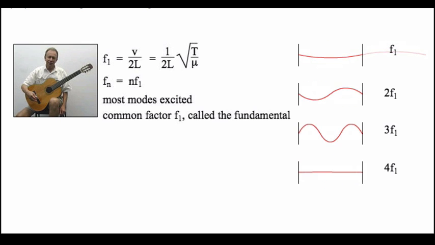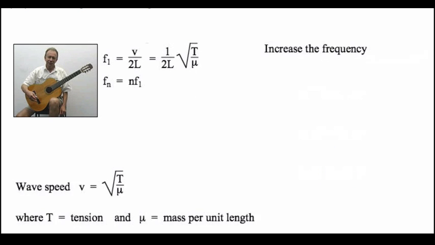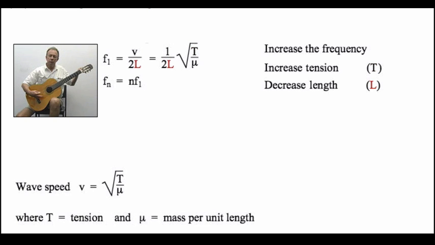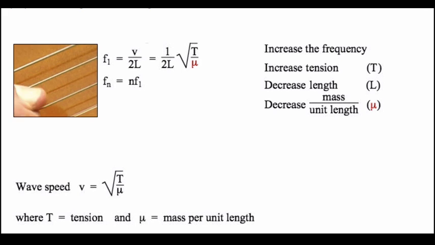The common factor is F1, which determines the pitch we hear and which we call the fundamental. We can increase the frequency if we increase the tension or decrease the vibrating length or decrease the mass per unit length, which means using different strings.